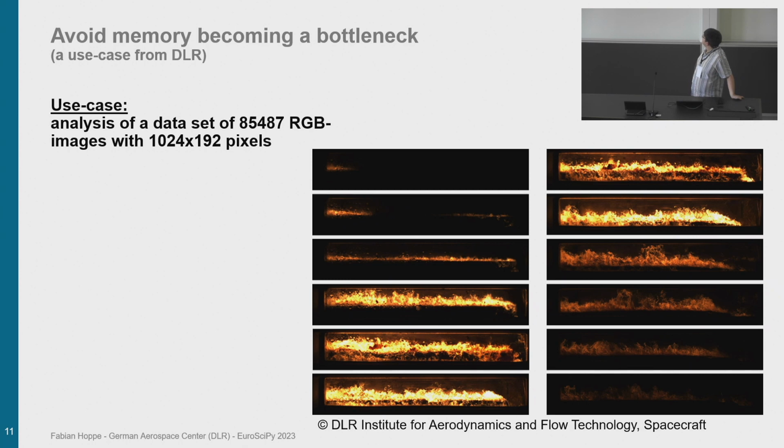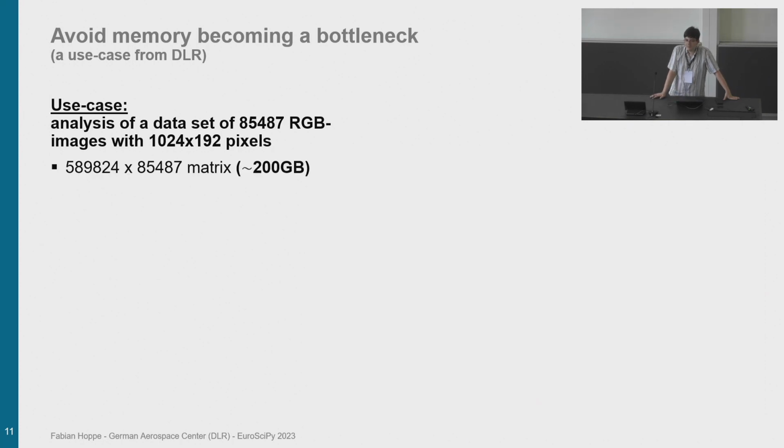Here the task was to perform anomaly detection, just to analyze this time series of images. And if you reshape that into a matrix, you get a matrix of roughly 200 gigabytes in size.